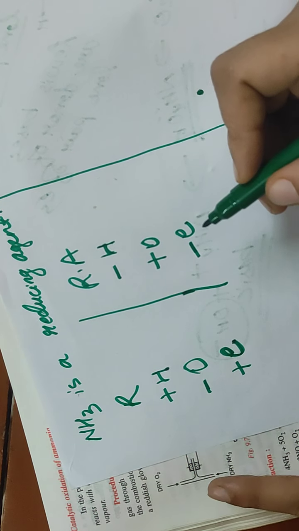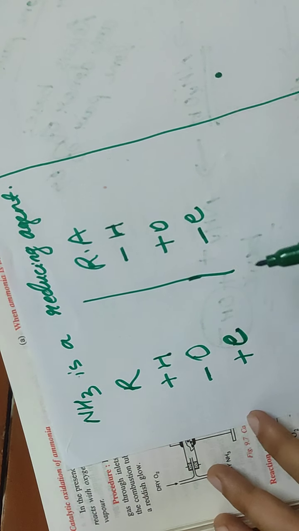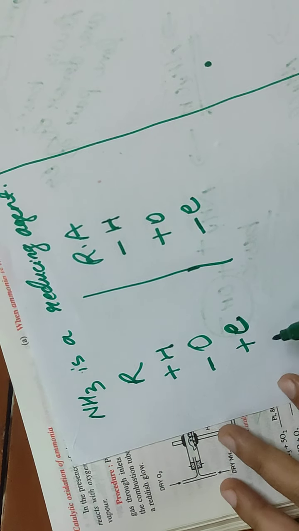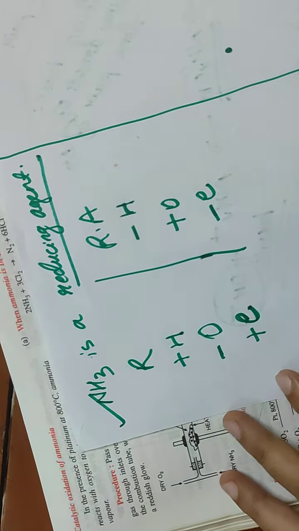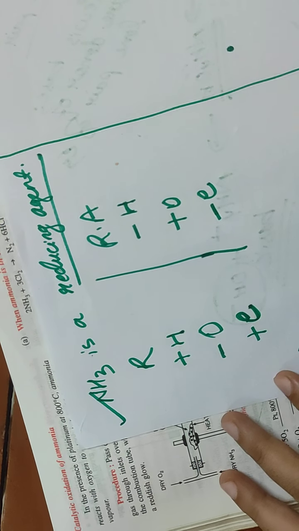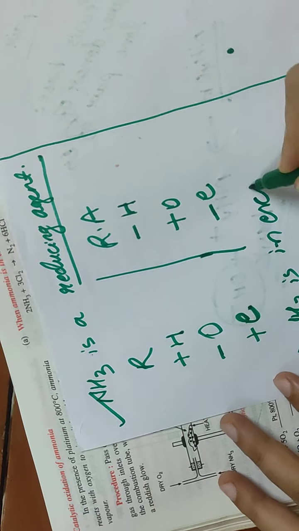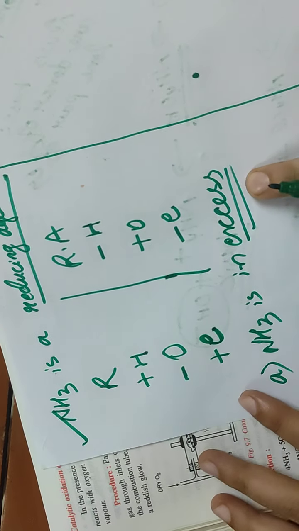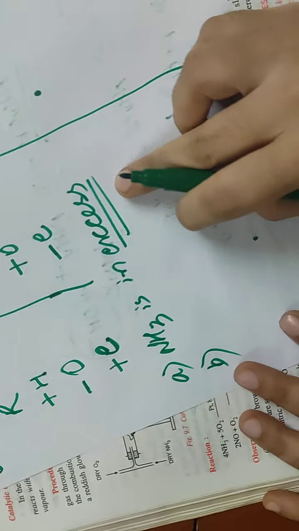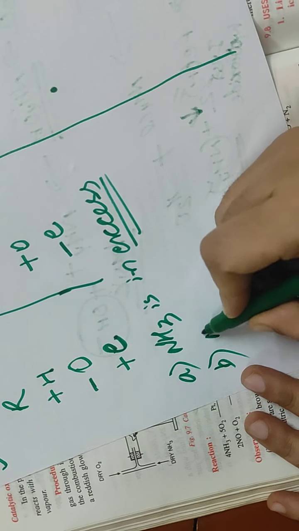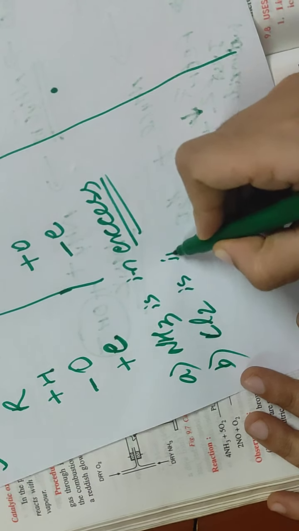Clear? Then one more thing here, we are studying that ammonia is a reducing agent, so we'll do it in two cases. One is when ammonia is in excess, meaning greater amount, and the second one is when chlorine is in excess.